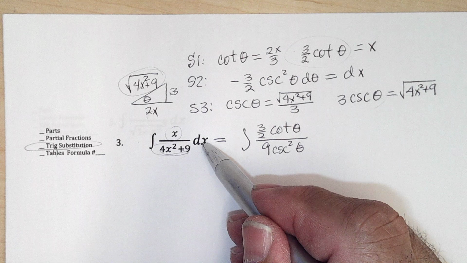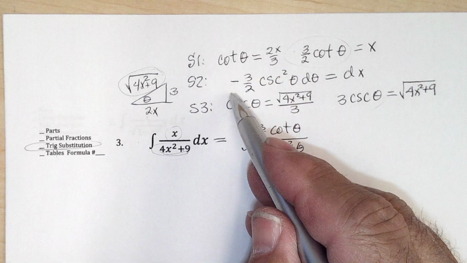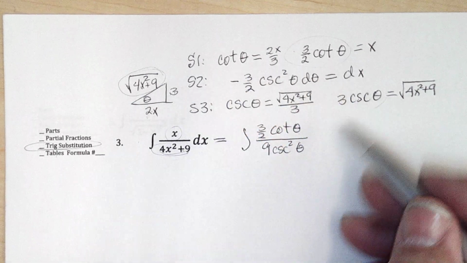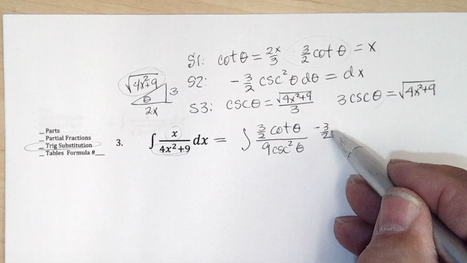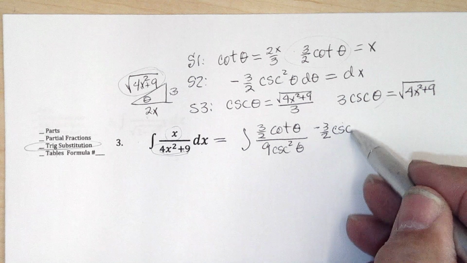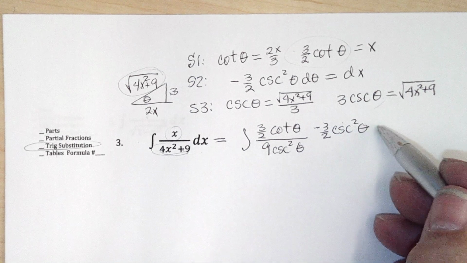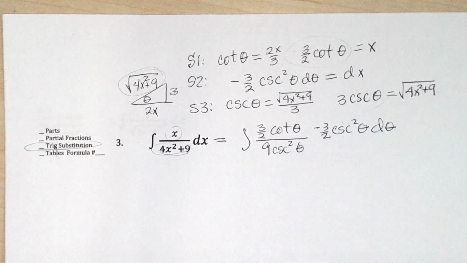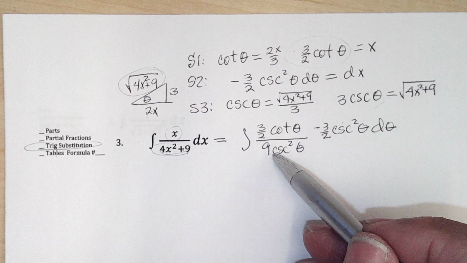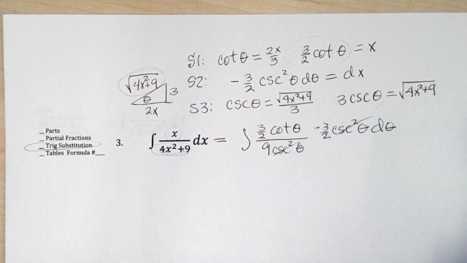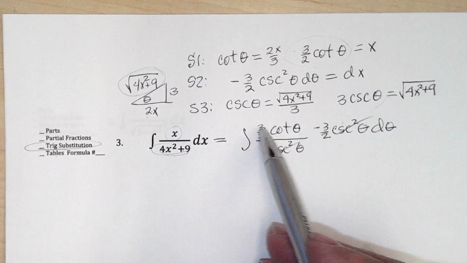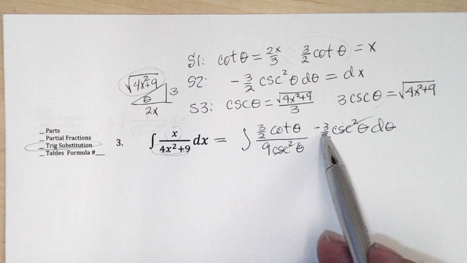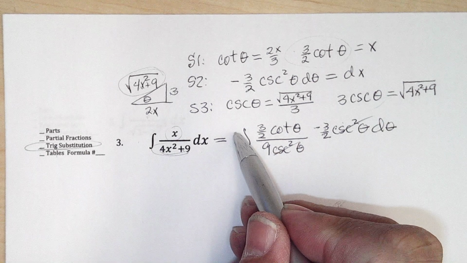Then I got to replace the dx, and that's right here. So that's minus 3 halves cosecant squared theta d theta. The cosecant squareds cancel, and I get negative 9 fourths over 9.